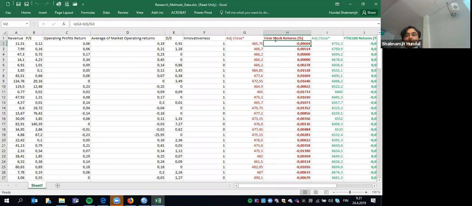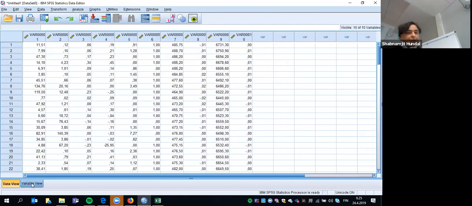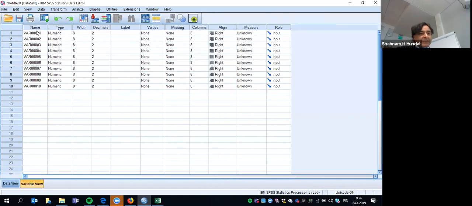If you see this question, this example, if you look at the G variable, is it the same in SPSS as well? Okay, first of all, let's give them some names. These will not be the real names. You can use some abbreviations.